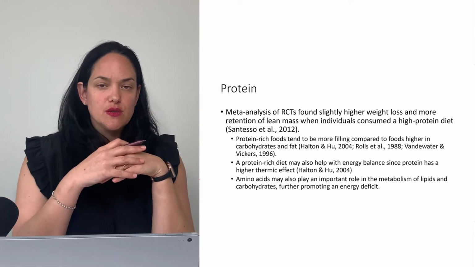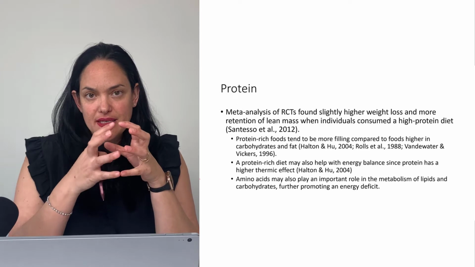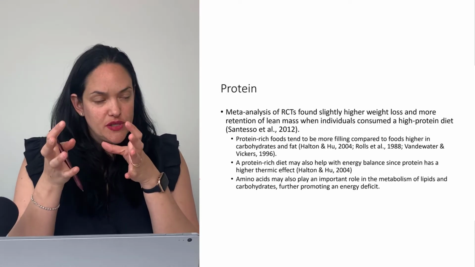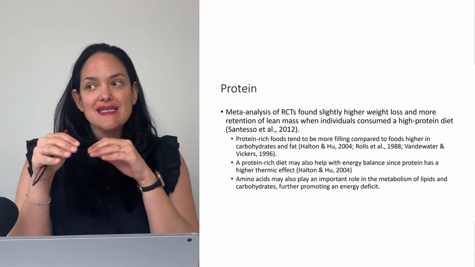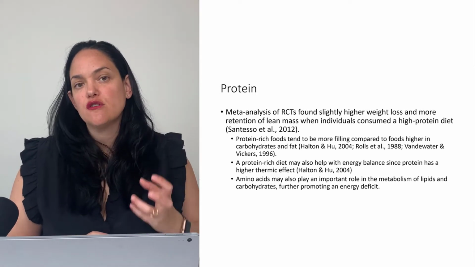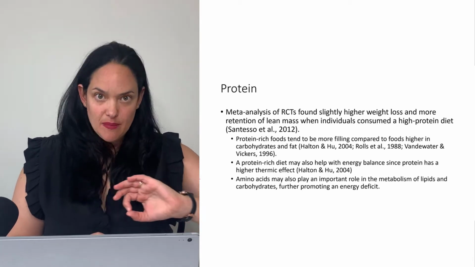So protein is one of the main things that we see as part of a diet that is potentially focused on weight loss. The main reason protein can help with weight loss is that it can help promote a caloric deficit because protein-rich foods are more satiating. They fill us up more.